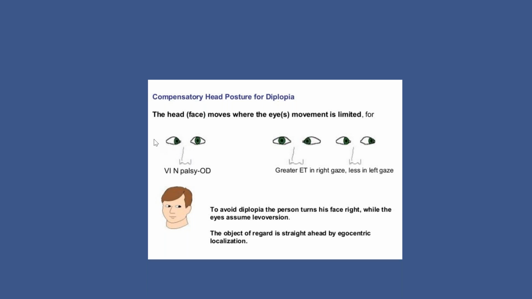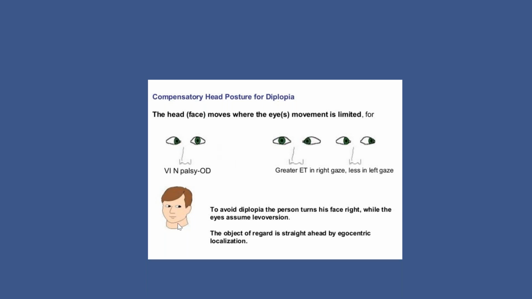Now this eye is not able to go out, but we have to maintain binocular vision. Otherwise, in this eye the image is not forming on the fovea, but in the other eye the image is forming on the fovea. Now the patient will complain of diplopia. To avoid that situation, since this eye is here only, they'll move the other eye, the left eye, into that position, so that both the eyes obtain an image on the fovea.